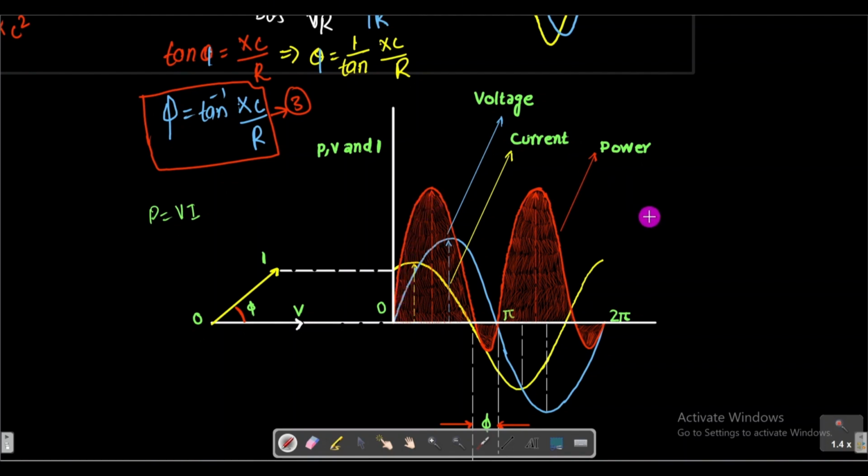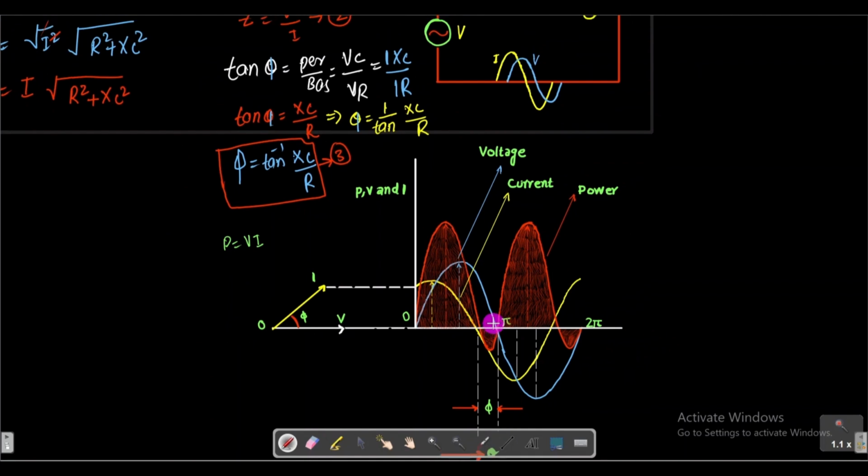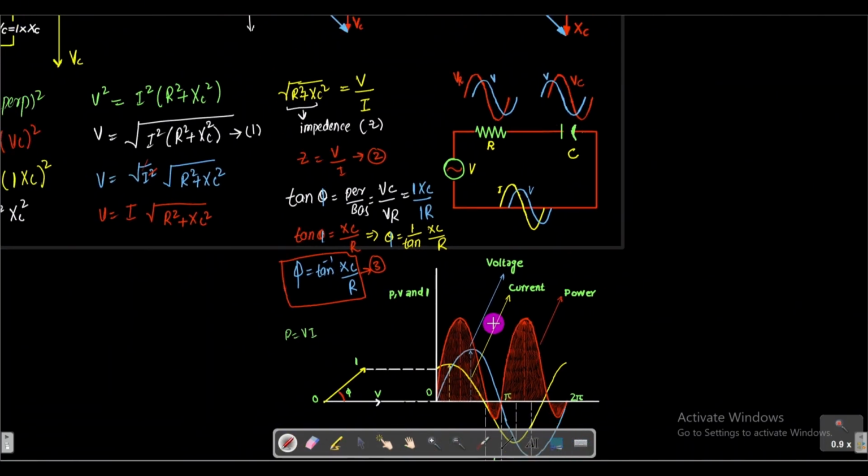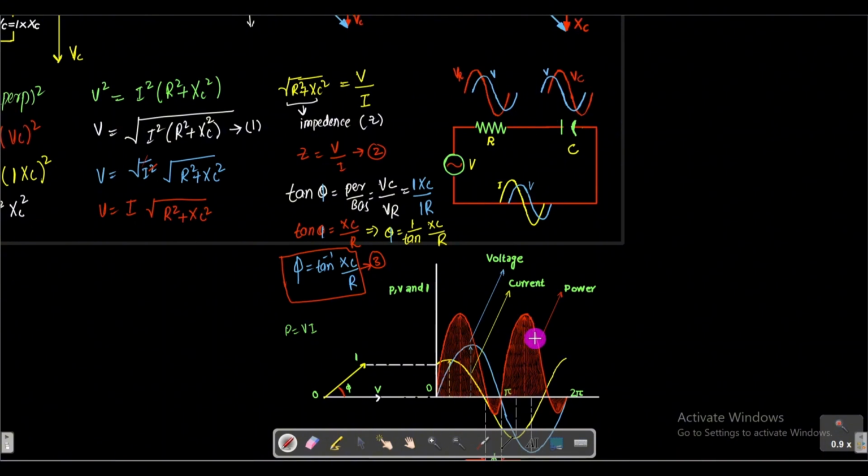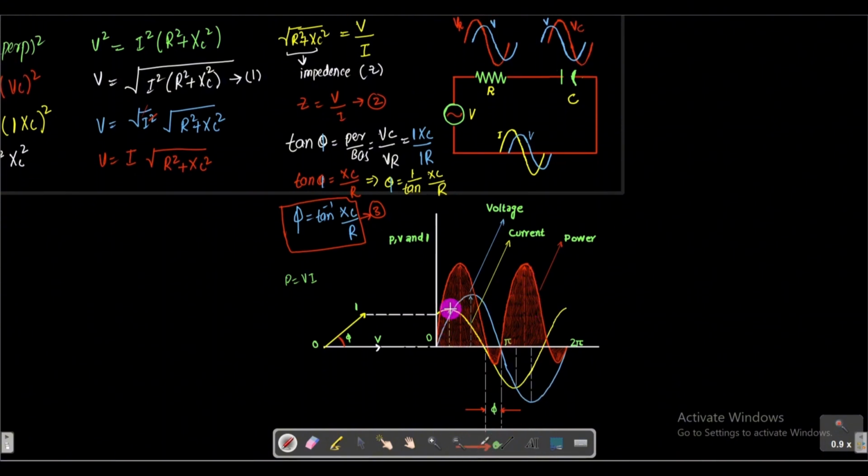So the power consumption is more in the RC circuit, and that power consumption comes from the resistor R, not from the capacitor, because the capacitor does not consume power. Power is only consumed by the resistor. So this power consumption is attributed only to the resistor, and there is no power consumption by the capacitor C.